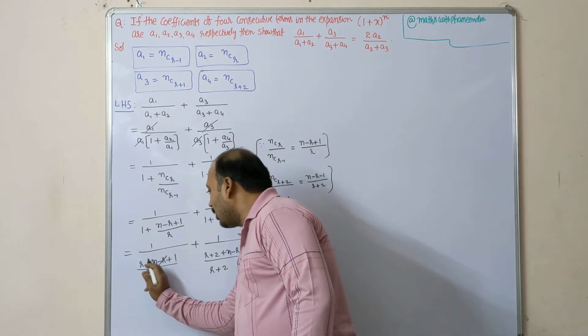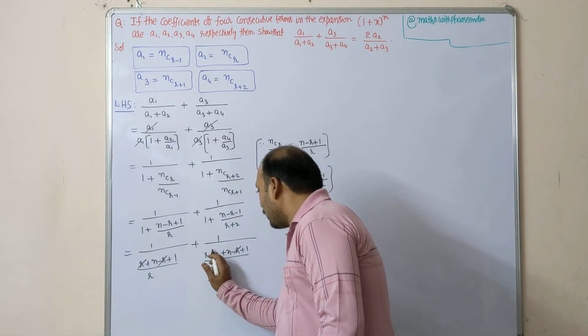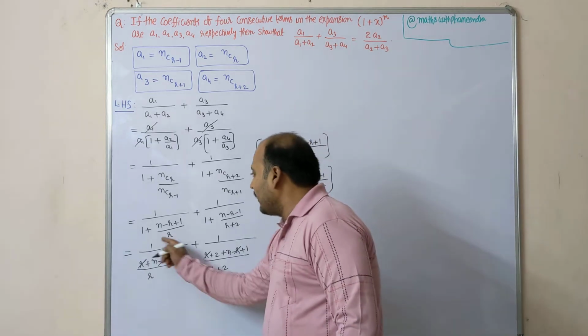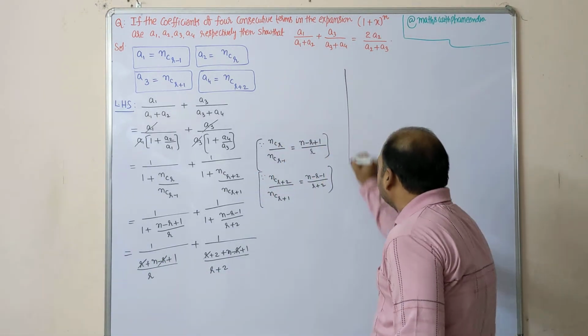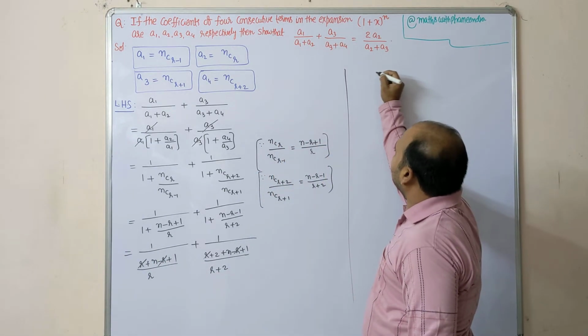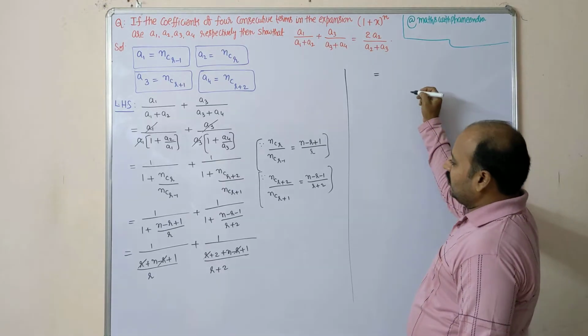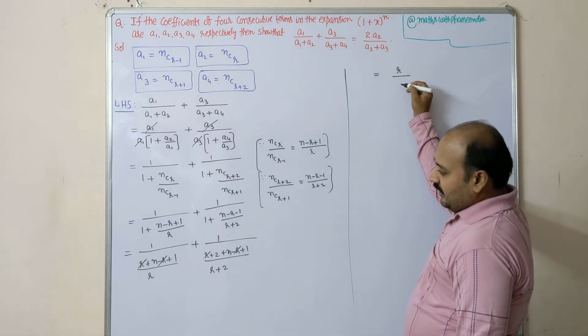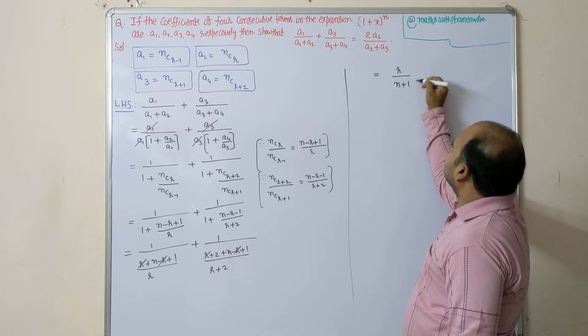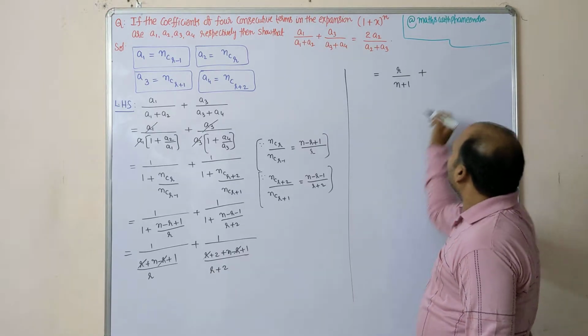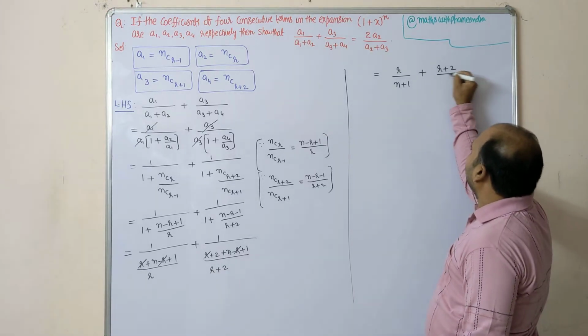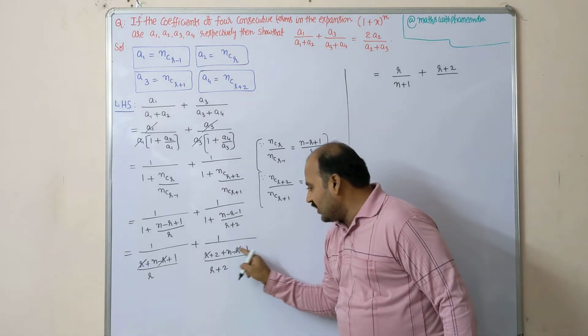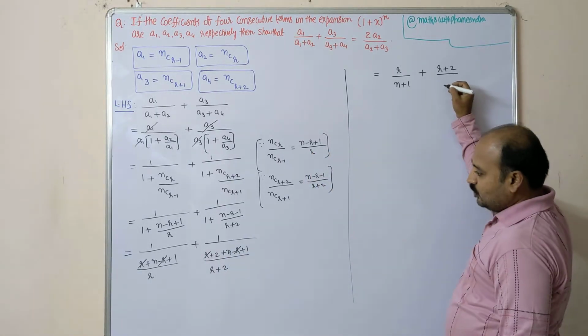So here the -r and +r get cancelled. Denominator of a denominator will become a numerator. So LHS will continue: r/(n+1) + (r+2)/(2+1), that is 3. So n + 3.